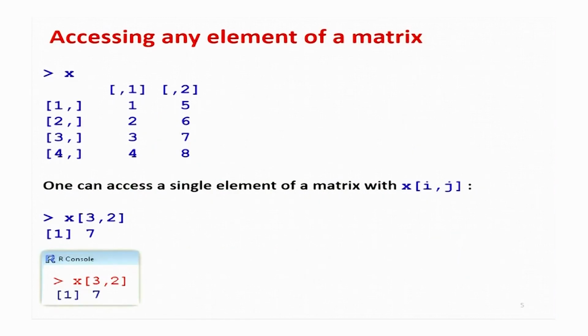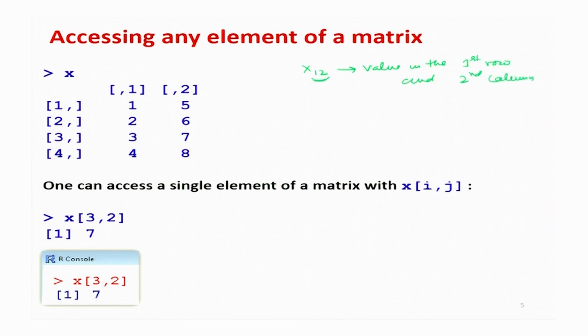Now the next question comes: how do you identify or access a particular value in the matrix? One thing I can share with you that comes from matrix theory: when I write x, say here, 1 2, this means the value in the first row and second column.